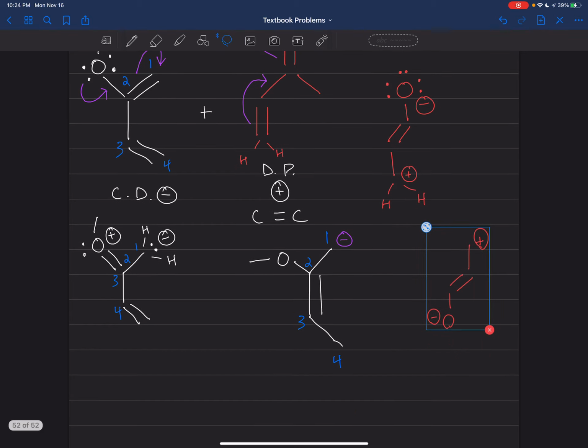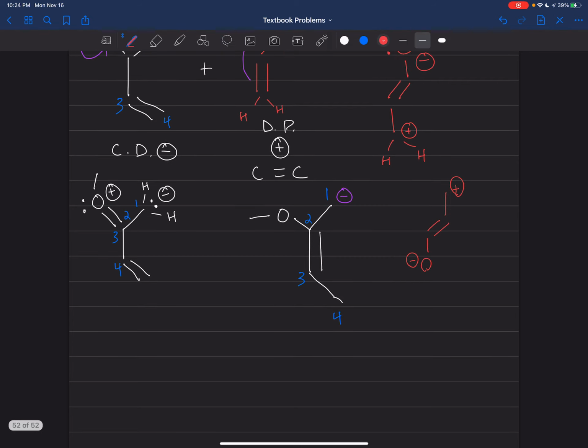It's most likely going to come in kind of this way, right? But I'm going to mirror image that. And I know this is really advanced, but I'm going to mirror image that. Like this, okay?